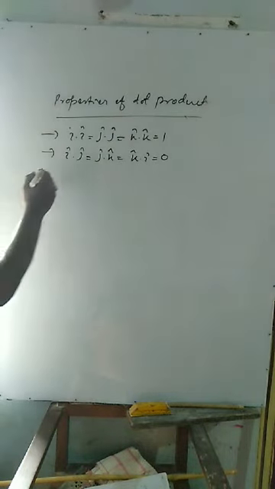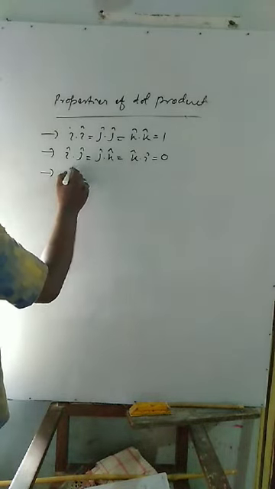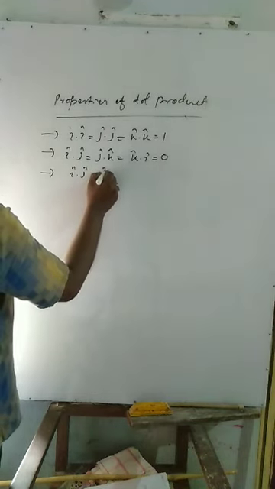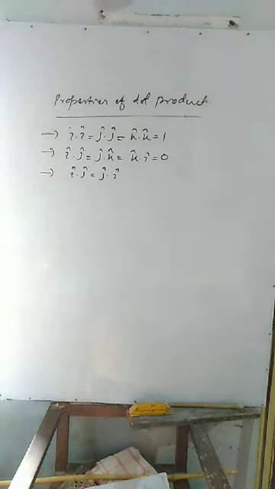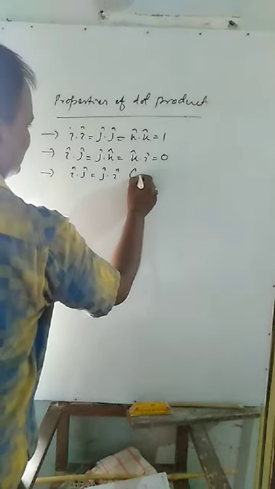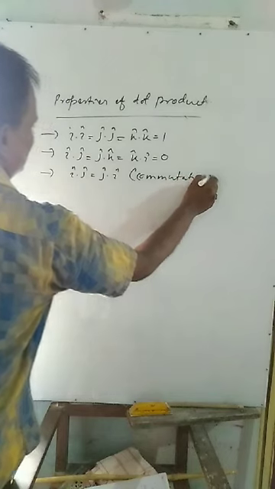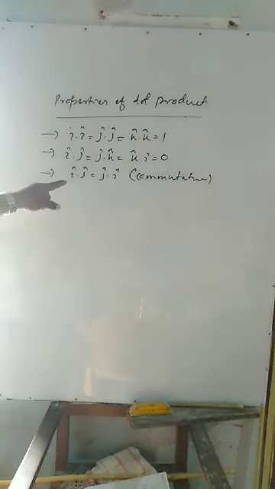Then the third one: i cap dot j cap is equal to j cap dot i cap. So this is the commutative property.